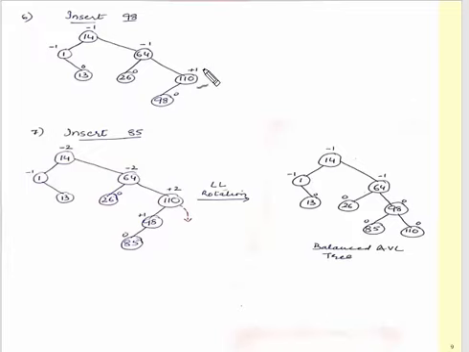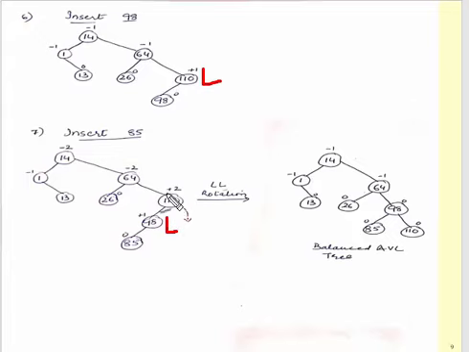Your tree was left high, and after adding a node, even the subtree has become left high, not right high. This is left high only. This is +1. So which type of rotation is that? This is LL rotation. In LL rotation it is very easy because this is a single rotation.